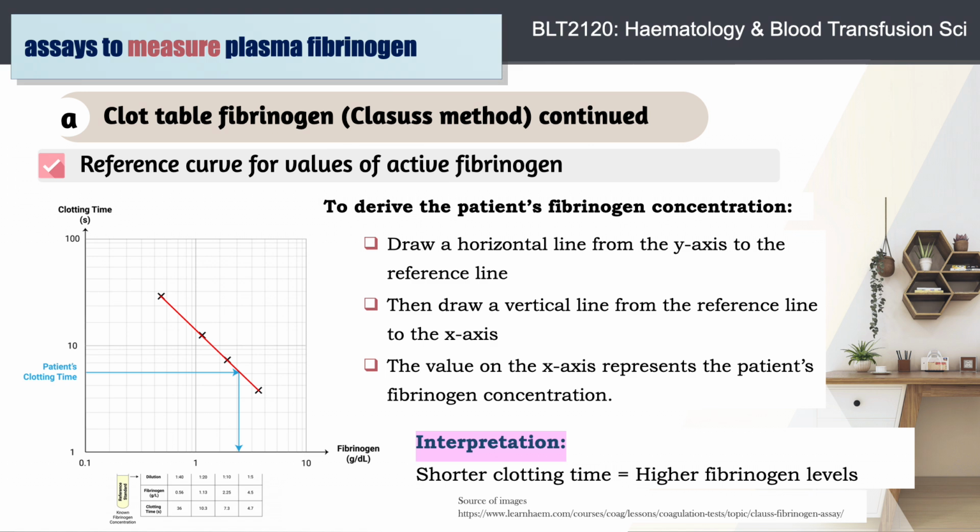Then we shall draw a vertical line from the curve down to the x-axis, and the x-axis has got the fibrinogen in grams per deciliter, and that will be our value. The clotting time is inversely related to the fibrinogen concentration, meaning shorter clotting times indicate higher levels of fibrinogen. This method is quite accurate.